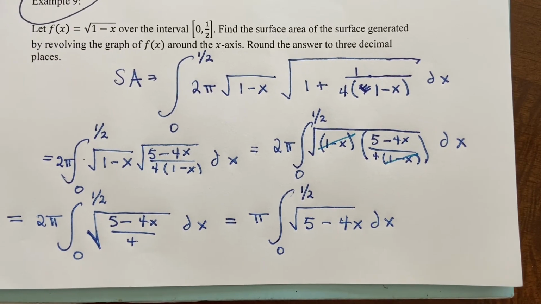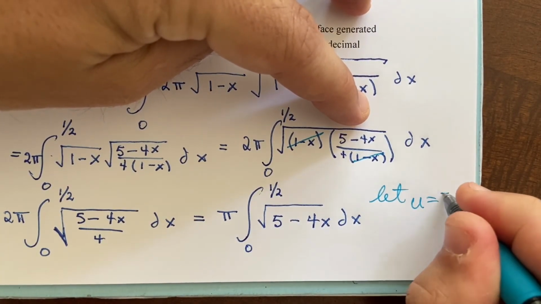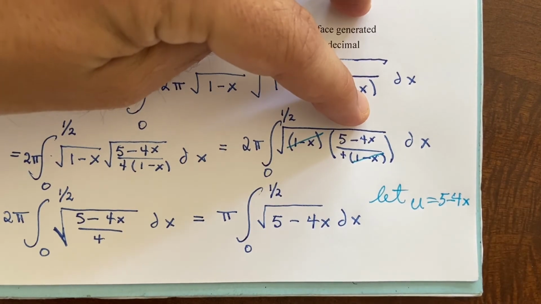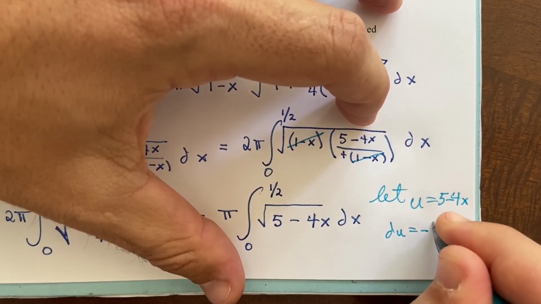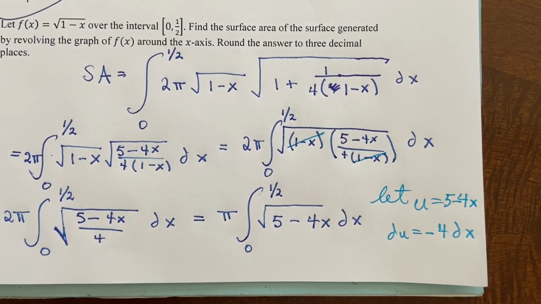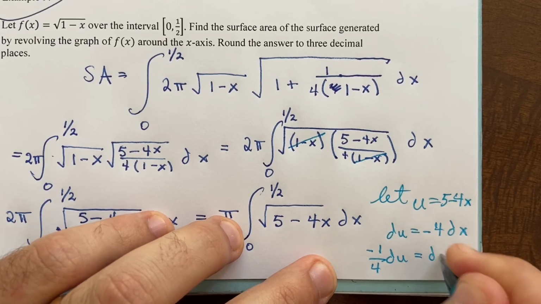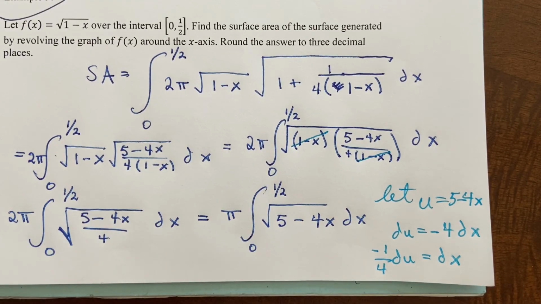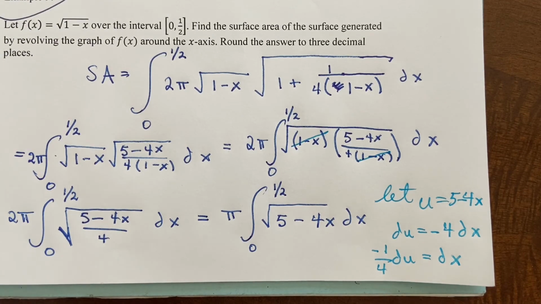So at this point, we can let u equal 5 minus 4x. Then du would equal negative 4 dx. So in other words, negative 1/4 du would equal dx. I'll need a separate sheet of paper to pick this up on.